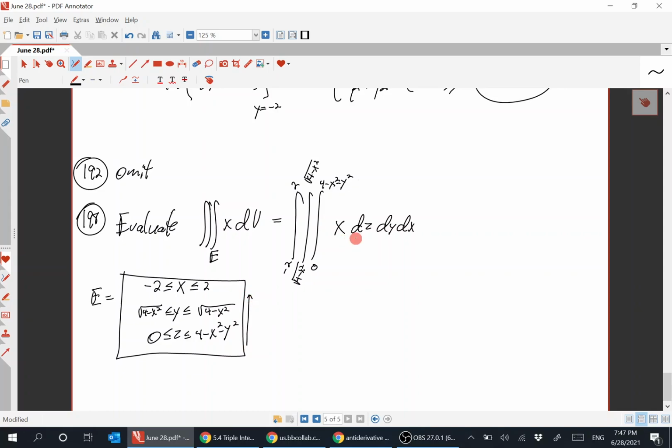Okay, so first antiderivative with regard to z. Well, x is a constant, right? So the square root of 4 minus x squared, the negative, to the positive square root of 4 minus x squared, x times z, from z equals 0 to z equals 4 minus x squared minus y squared.